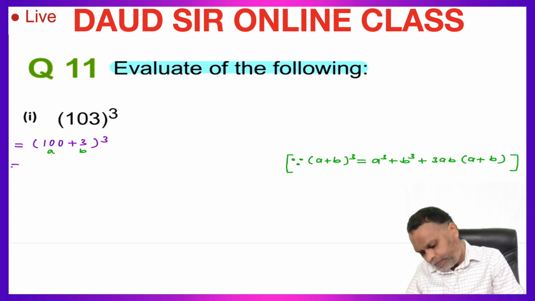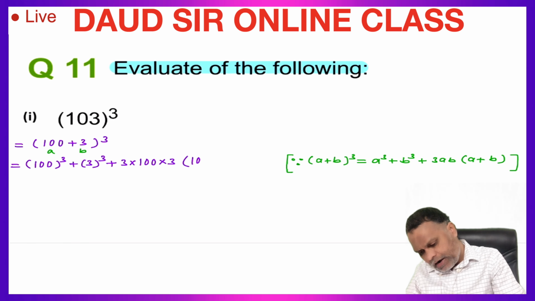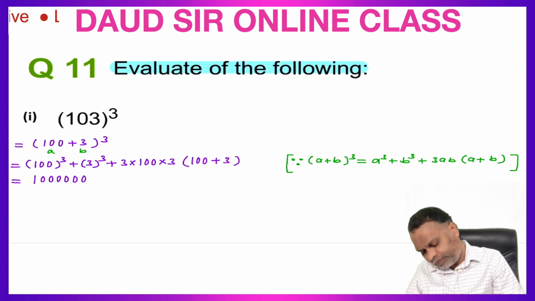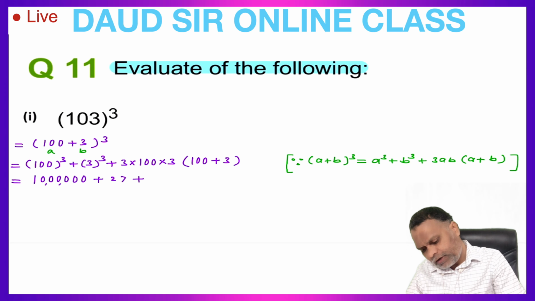Open this. 100 cube plus 3 cube plus 3 into a, 100, into b, 3, into a plus b, 100 plus 3. Simplify this, which is equal to 100 cube means put 6 zeros, 10 lakh, plus 3 3s are 9, 3 9s are 27, plus 3 3s are 9 into 100, 900 into 103.